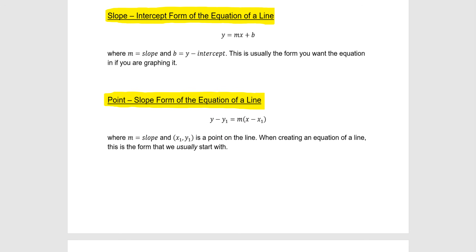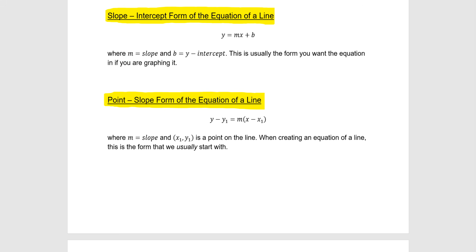Okay, next one is slope-intercept form for the equation of a line. It represents a line and we can graph it, but it is in a certain form and it's called slope-intercept form. It's very obvious what this equation tells us. It tells us the slope and it tells us the intercept. So the slope is m as always, and b is the y-intercept.